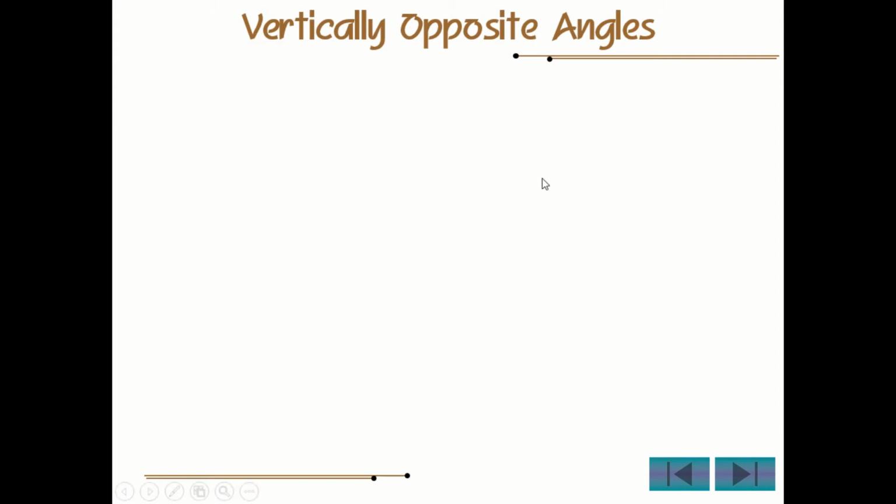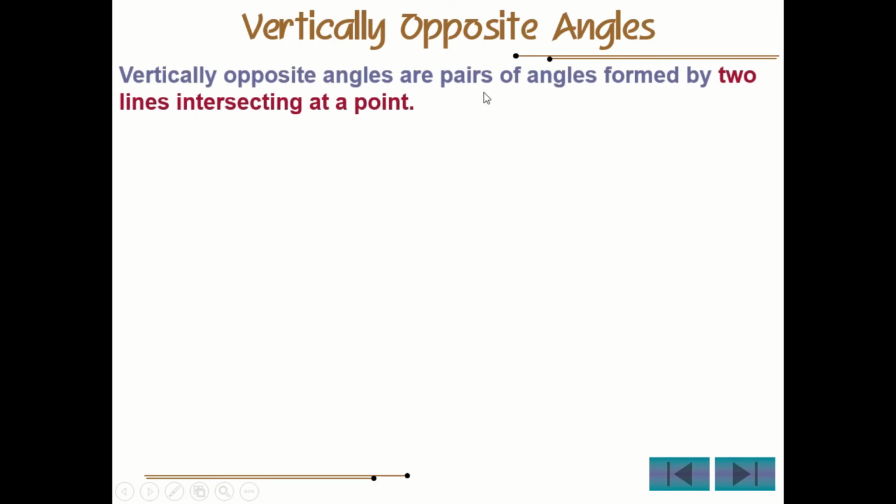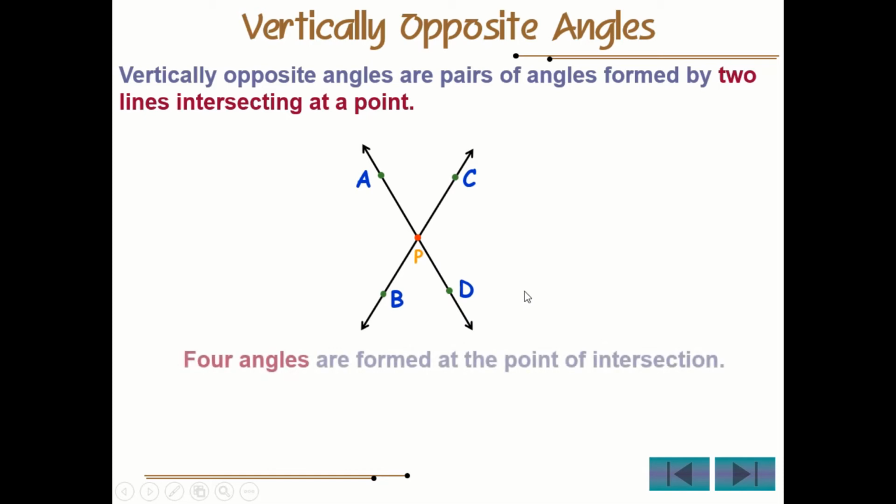Next, vertically opposite angles. These are the pairs of angles formed by two lines intersecting at a point. Okay, they intersect at point P. That means four angles are formed at the point of intersection.